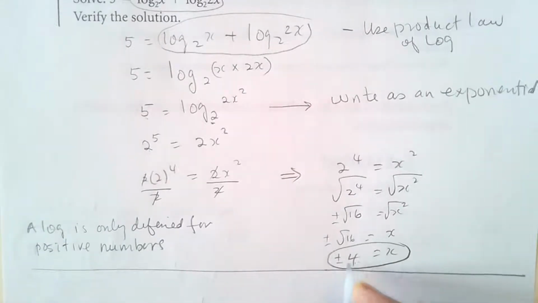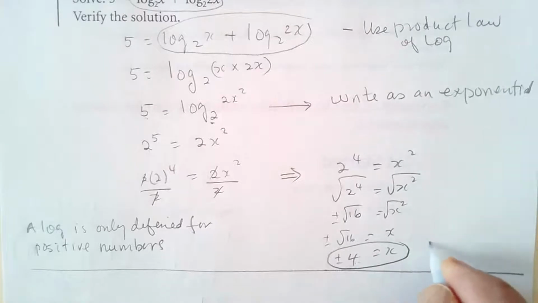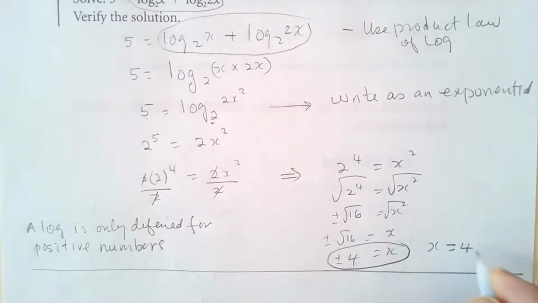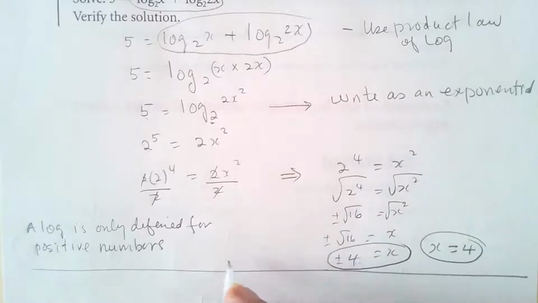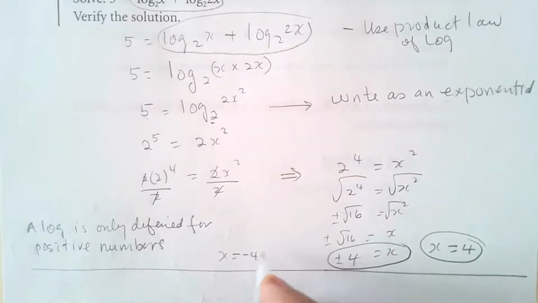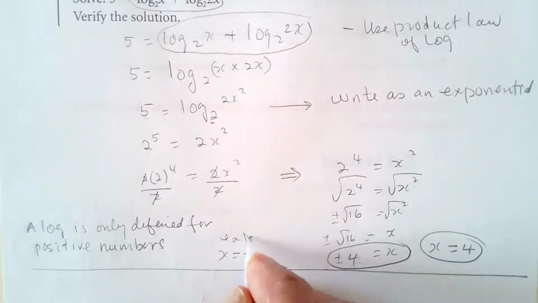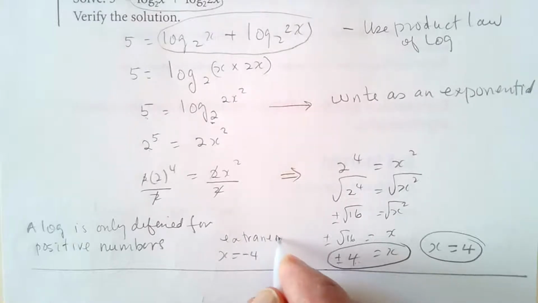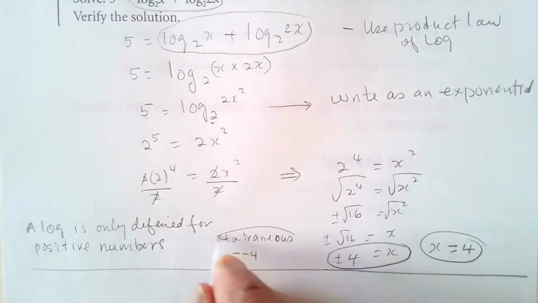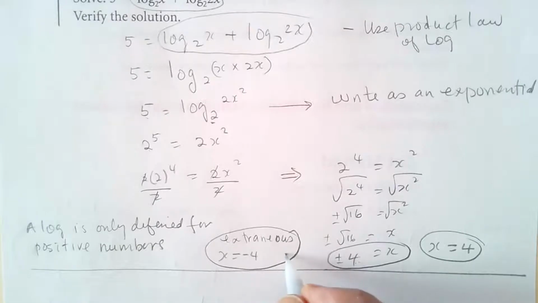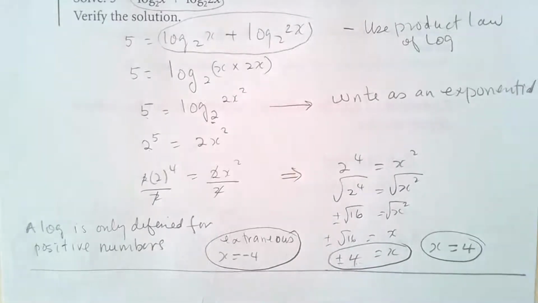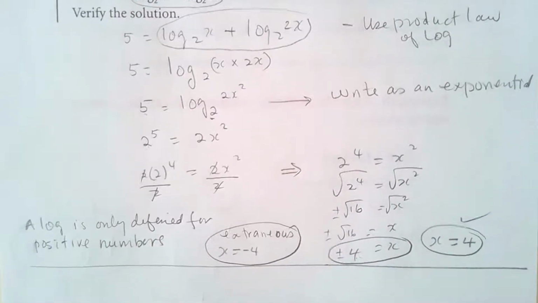So now x is equal to 4. x equal to negative 4 is called extraneous. It's a solution to the equation, but it's an extraneous one. So this would be your solution.